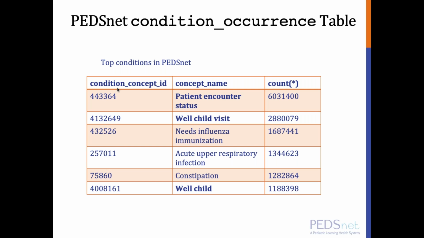And then within this table, we also see that the first thing that might actually be considered a condition is probably the fourth most prevalent, the acute upper respiratory infection. And even within that, the two well-child and well-child visit condition concept IDs are pretty similar.